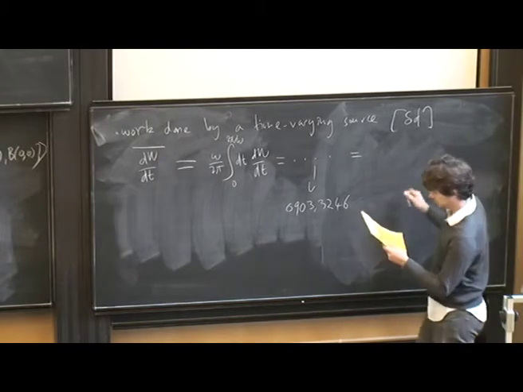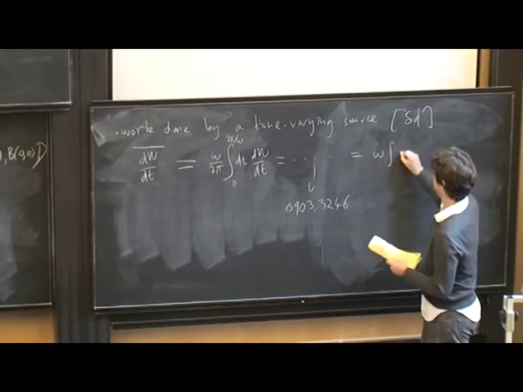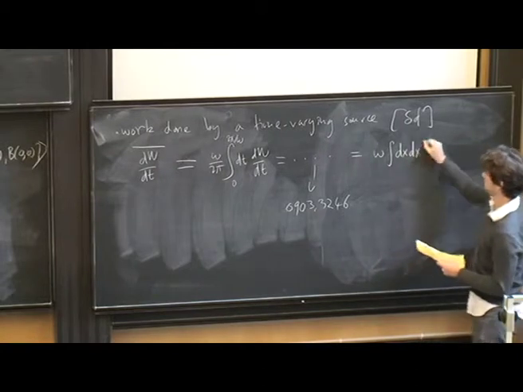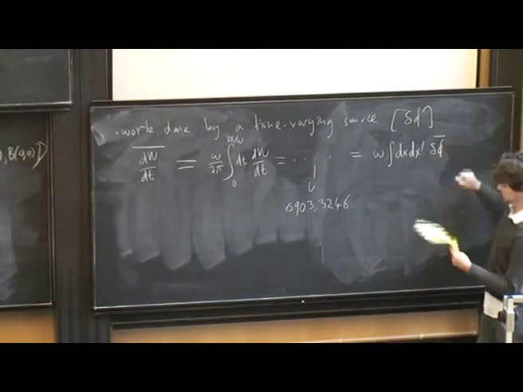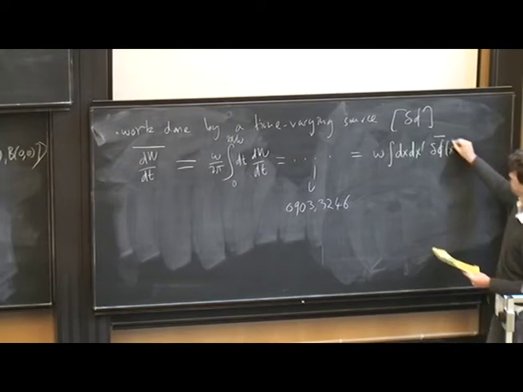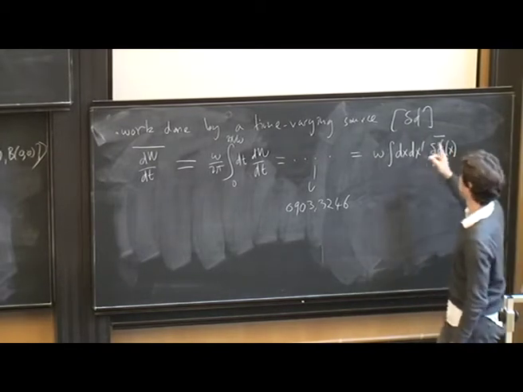Right, and so the answer turns out to be the integral over x and x prime of delta phi bar, the complex conjugate of the source. Again, the source is in frequency space.